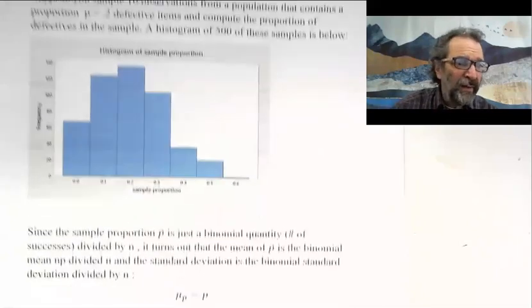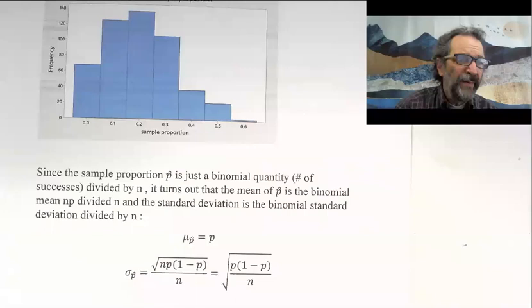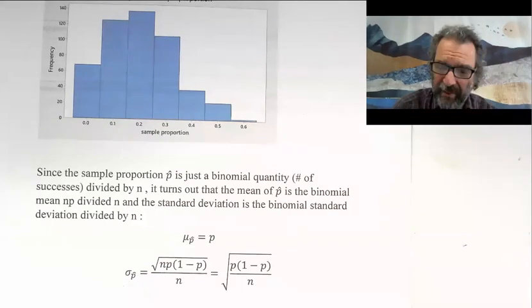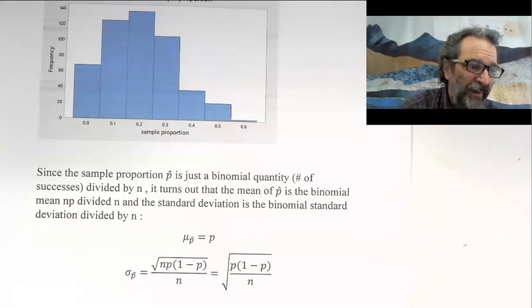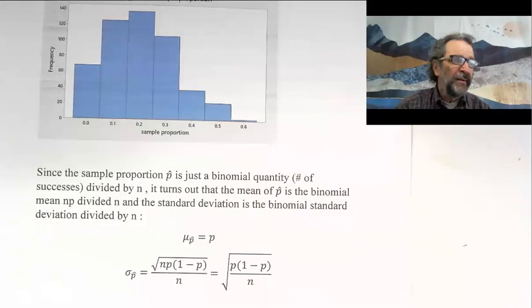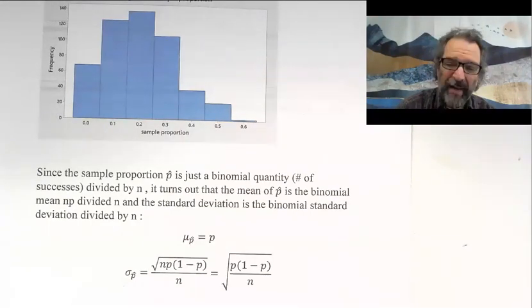And then down here we say, since the sample proportion is just a binomial quantity, so the actual number of successes would have been binomial with n is 10 and p is 0.2. Dividing by n then divides the mean by n. That kind of makes sense. So if the mean was 2, when you take the count and divide it by 10, the average value is going to be the average you had before divided by 10.